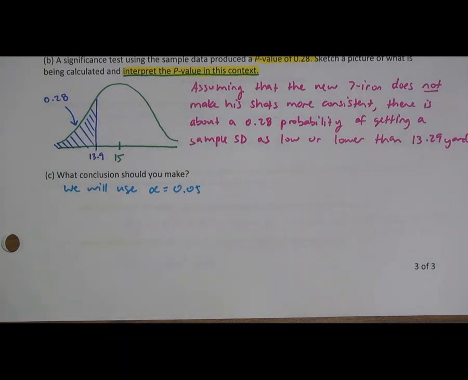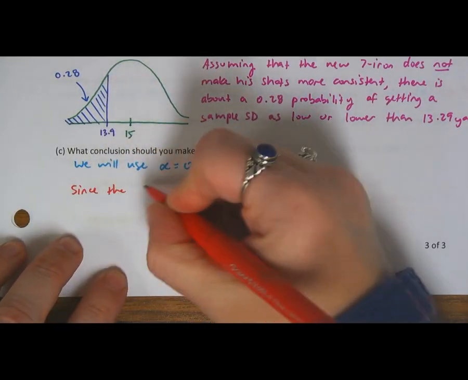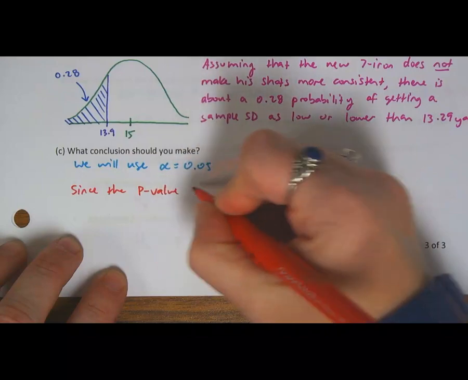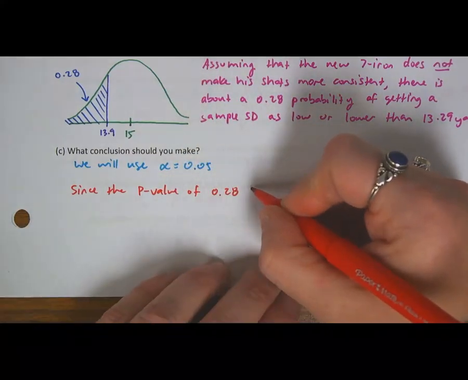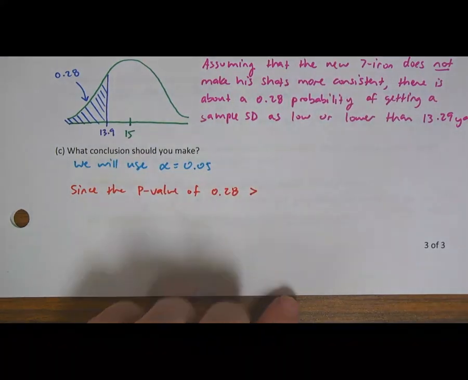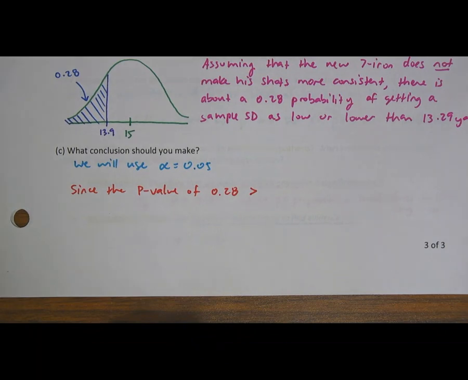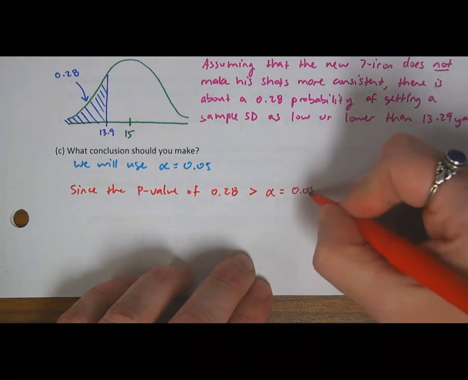Okay, here's that sentence frame that you need to get used to. Since the p-value of 0.28, you can put is greater than, or you could put is not less than, but regardless, the p-value here is greater than the significance level.